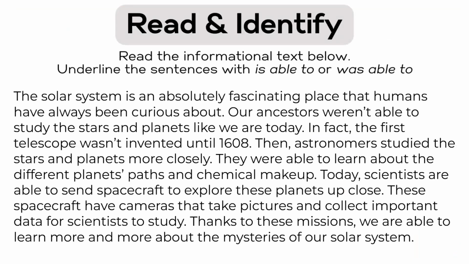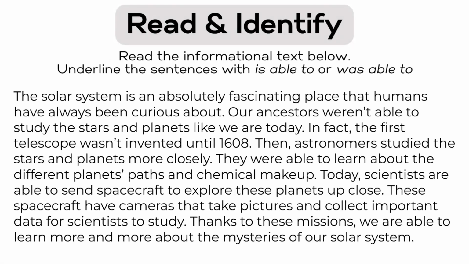All right, so let's start with reading some informational text and identifying is able to or was able to. What I mean by that is it's not going to be exactly is able to. It could be is, am, or are able to, or was, were able to. So be able to in the present or the past.